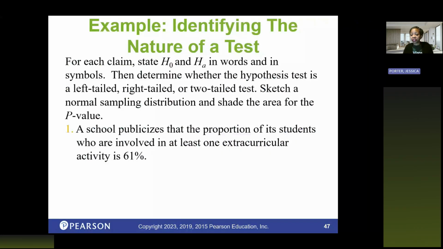Let's go back to our examples. We said a school publicizes that the proportion of its students who are involved in at least one extracurricular activity is 61%. Is this a two-tailed, left-tailed, or right-tailed test?